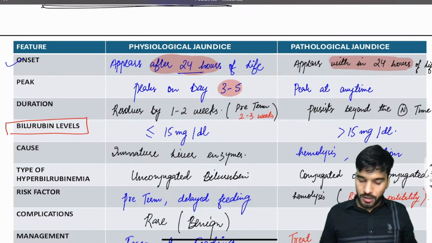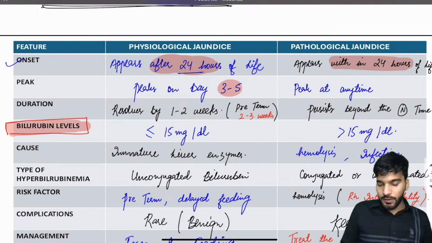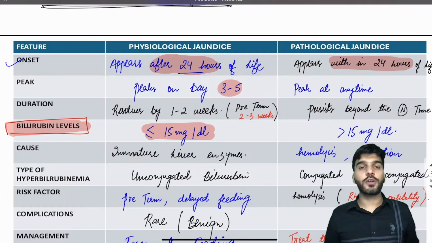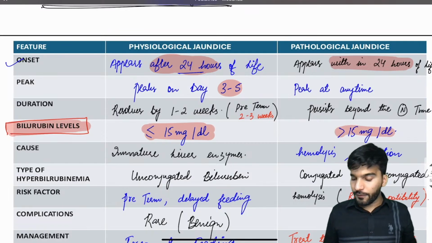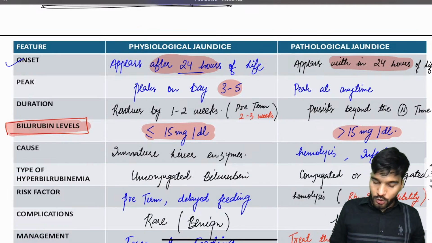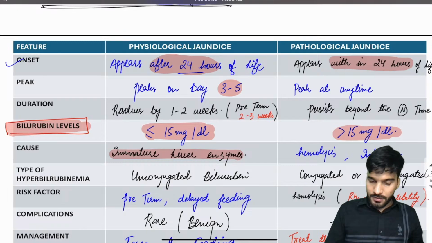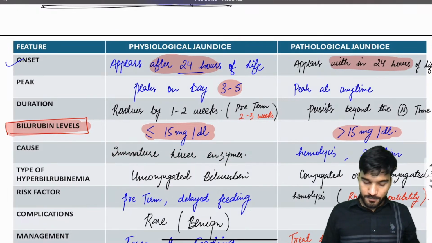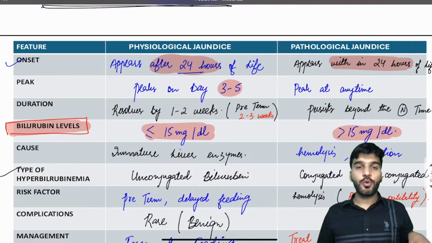But if we talk about the duration in the pathological jaundice, it persists beyond the normal time. Do remember whenever the question comes, bilirubin levels, if less than 15, it is physiological jaundice. If more than 15 mg per deciliter, that is going to be the pathological jaundice. The cause is immature liver enzymes, and here it can be hemolysis and infection.